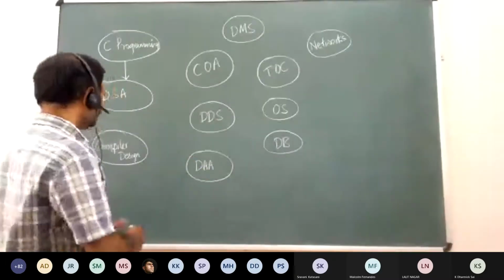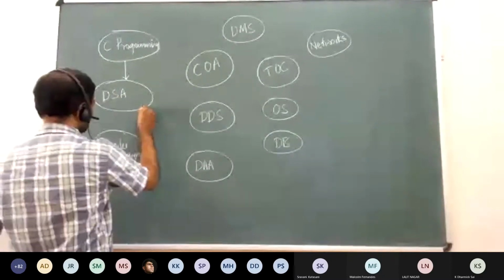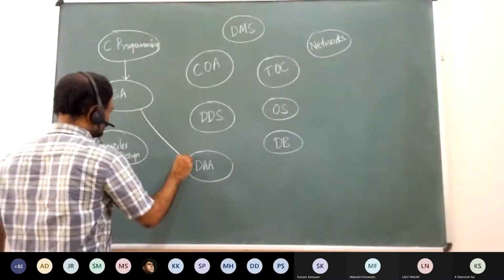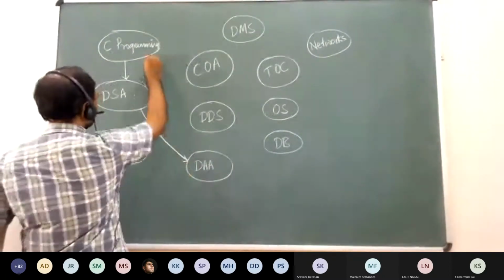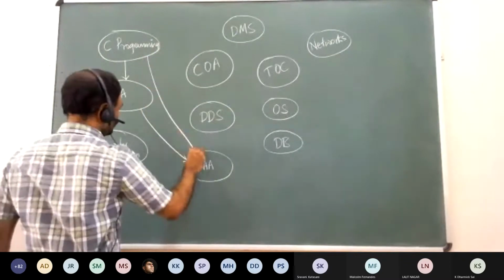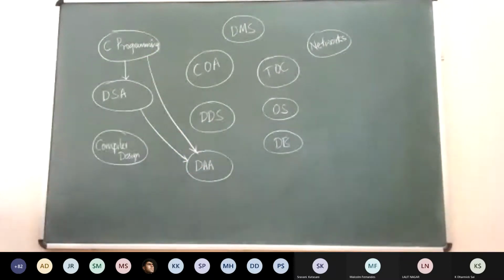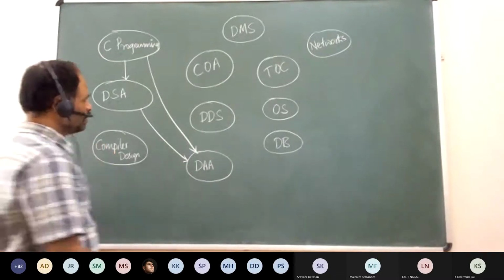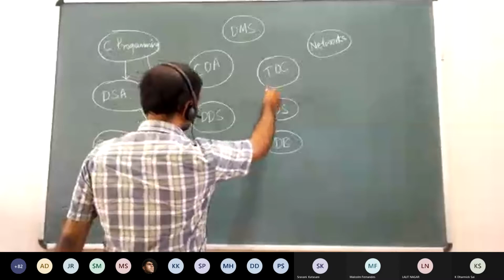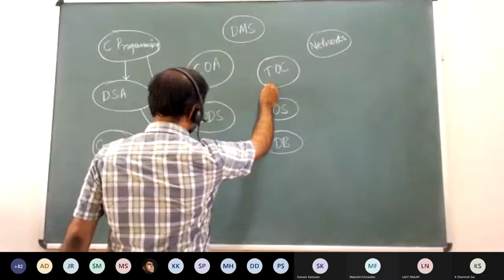And before coming to the algorithms course, design and analysis of algorithms, probably it is better to know data structures and algorithms, and you need to know some C programming and things like that. Before you learn compiler design, understanding about automata and grammars would help.